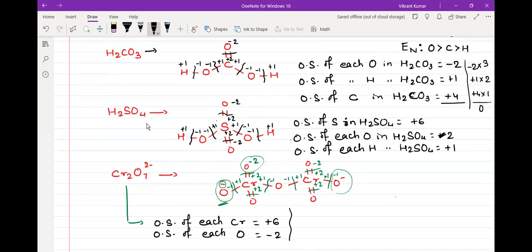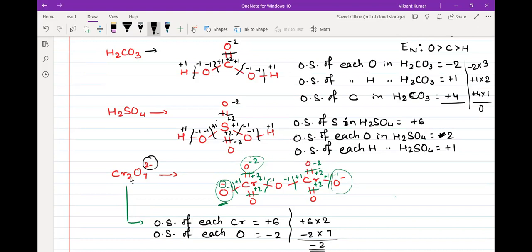The summation is obviously not 0, but if I do +6 into 2 and -2 into 7, tell me what total is coming? -2. Why -2? Until now we were getting 0. That is because the summation is equal to the total charge on the substance. If it is an ion, then the summation of the oxidation states of all the atoms will be equal to the net charge on the ion. Is it okay?